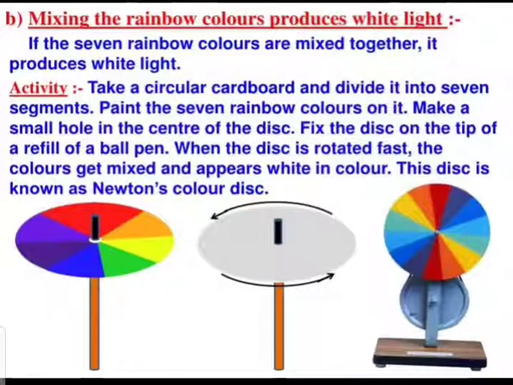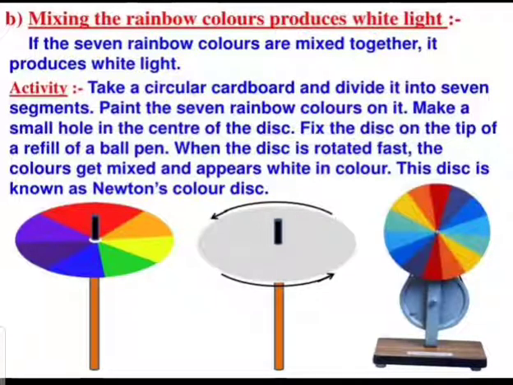So, to explain that the rainbow colors produce white light, here is one activity. What you have to do? You have to take a cardboard disc. You have to cut a circular cardboard piece, and then paint the 7 parts with different colors. Then you have to make a center hole, and then insert a refill or any stick.